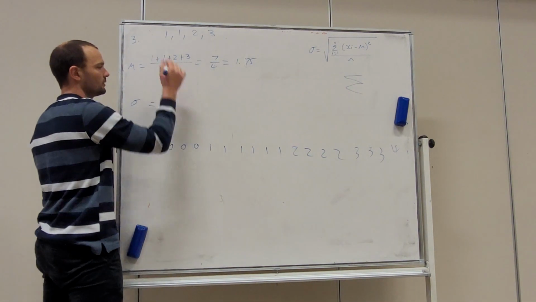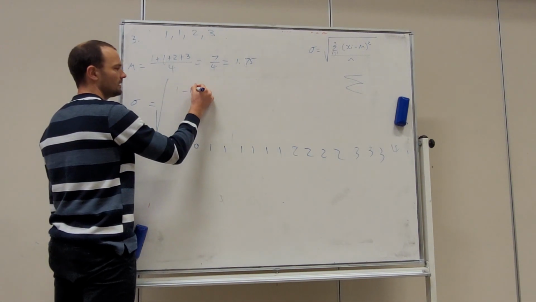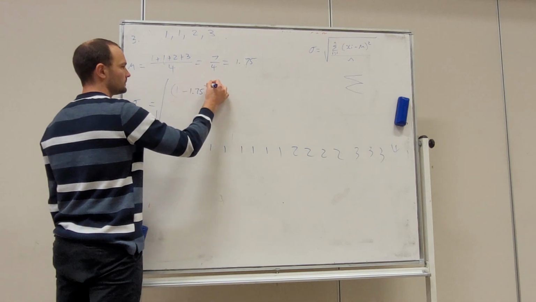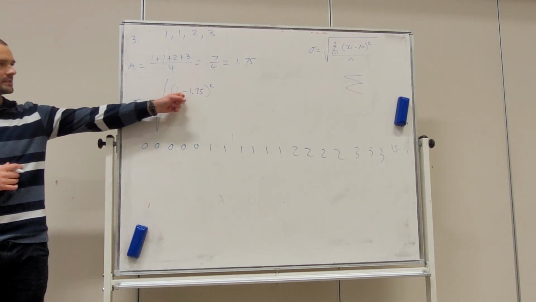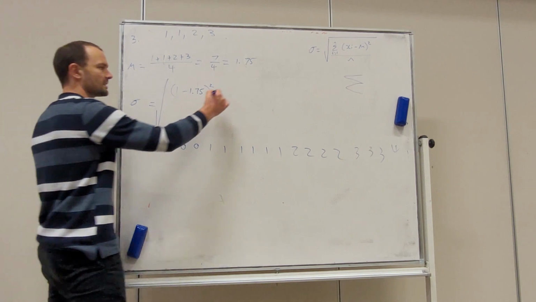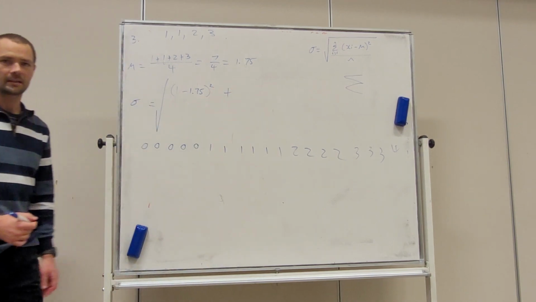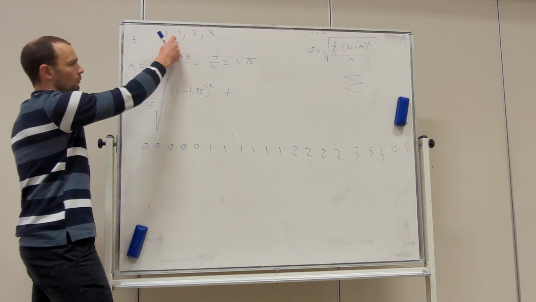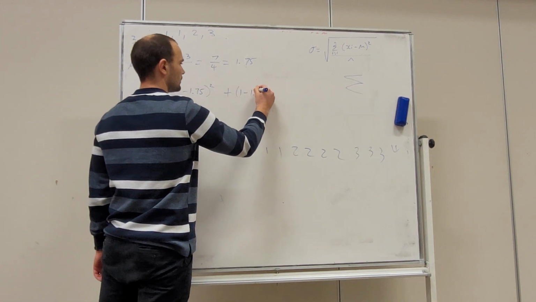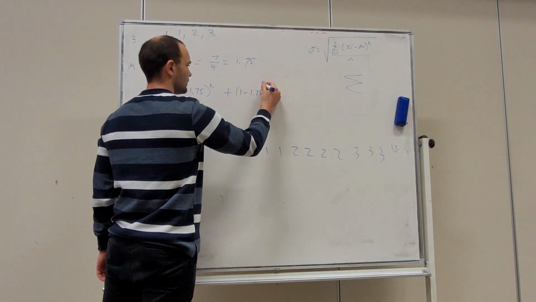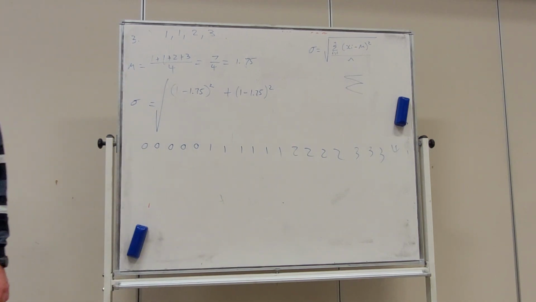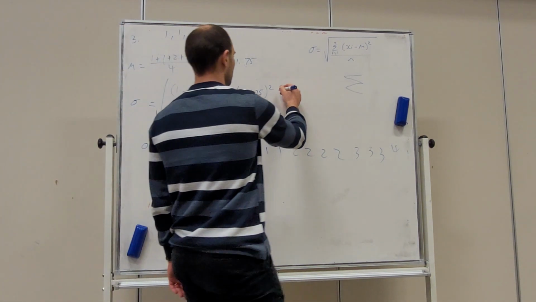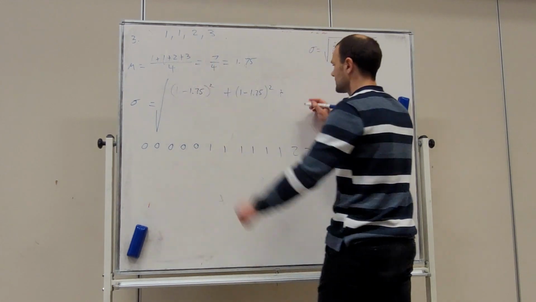Okay? So each value, take the mean squared. So our first value, 1, take the mean squared. Plus, the second value is also 1, squared. Okay? Plus the third value, take the mean squared.